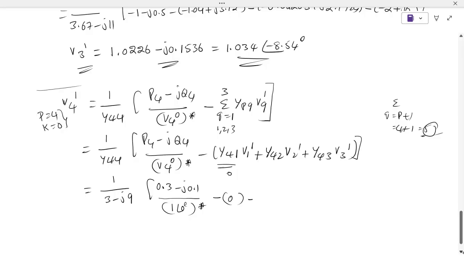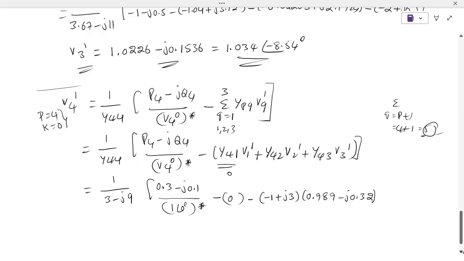Minus Y42, minus 1 plus j3, into V21. Already we have calculated and substituted 0.989 minus j0.32. Okay, this value V21.